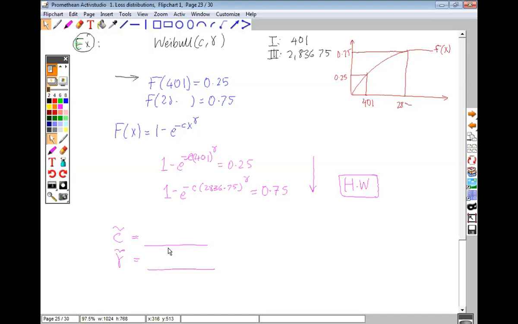The gamma was 0.803777 and C was 0.002326. Perfect. So that is all. I guess, did anyone have any issues with solving this?